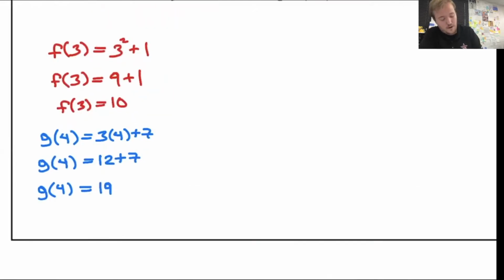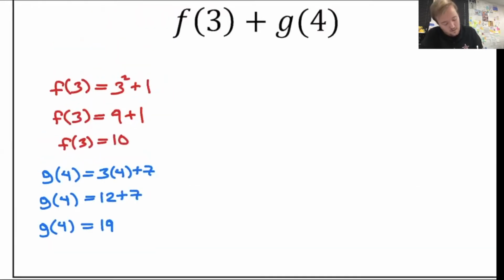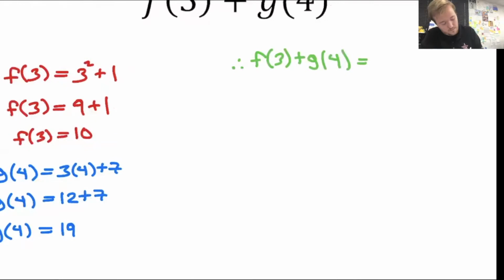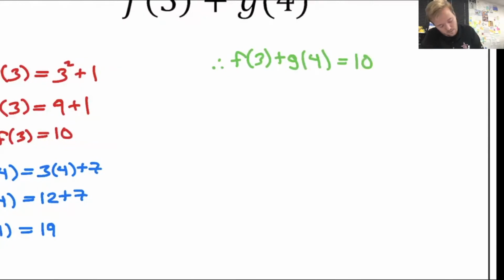Okay. So now we want to find f of 3 plus g of 4. So the way I'm going to write this, therefore, f of 3 plus g of 4 is equal to 10 plus 19.